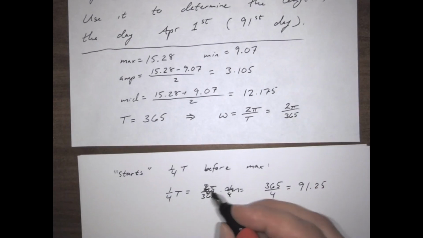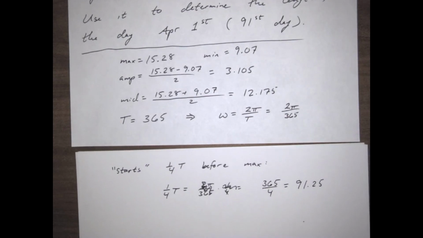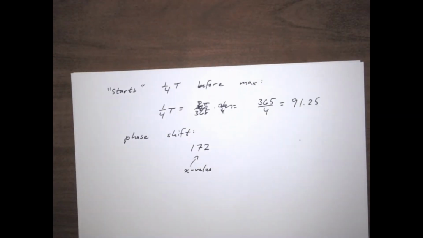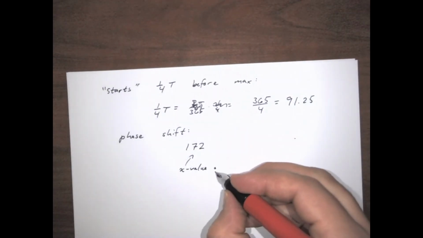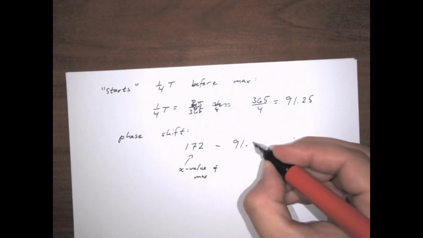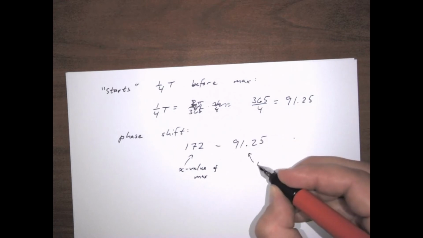Okay, so that means that the phase shift is going to be 172, this is for the x value of the max, minus that 91.25, and that's the 1/4 period.